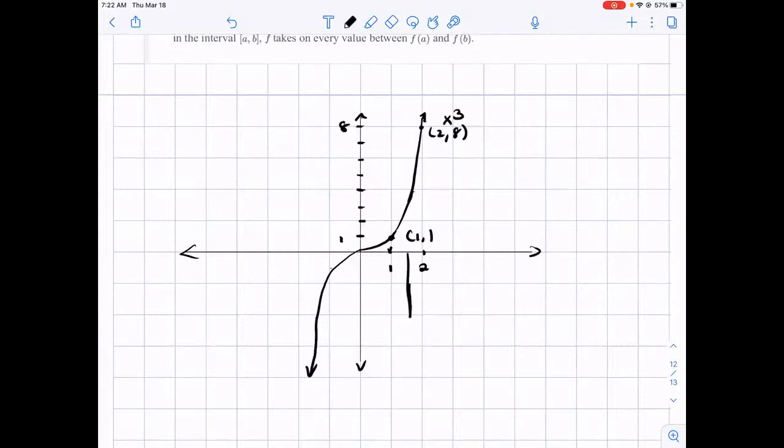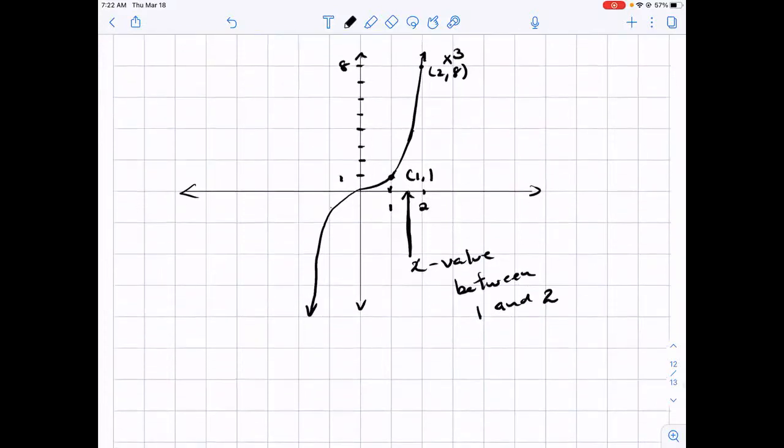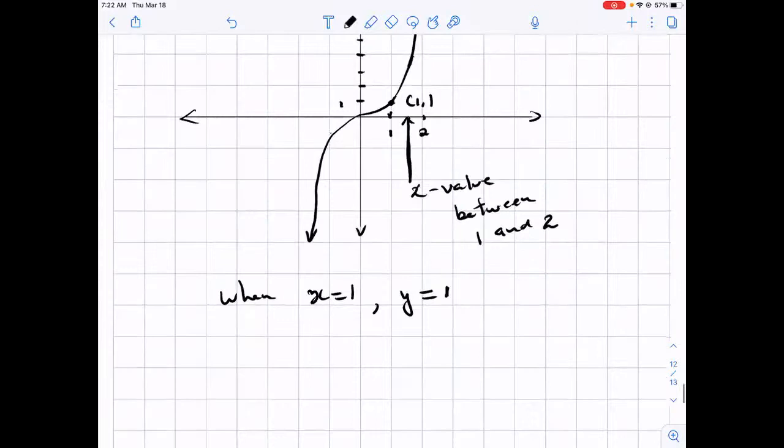Now, if I pick an x value between 1 and 2, notice that when x is equal to 1, y is equal to 1, and when x is equal to 2, y is equal to 8.